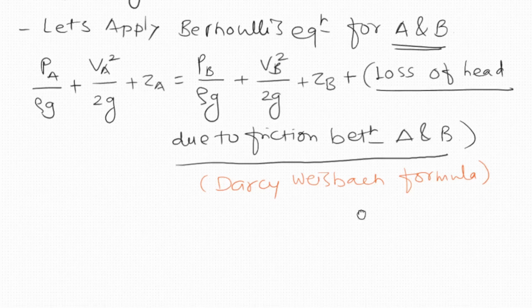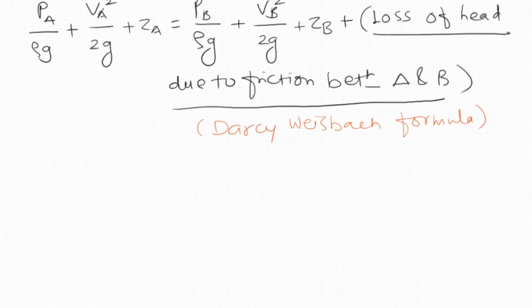Now let's move to the next part. PA, pressure in the tank A, is the atmospheric pressure, and PB, pressure in the tank B, will also be the atmospheric pressure.